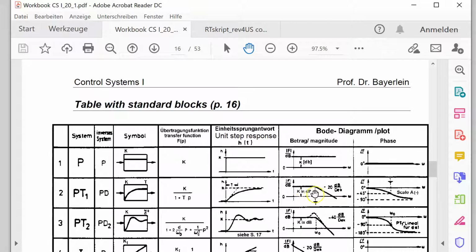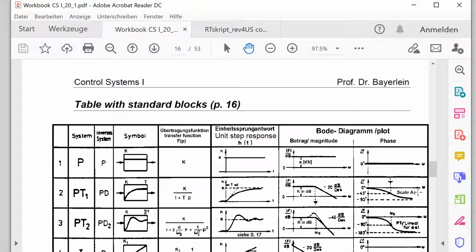If I have a series connection of these blocks, then there is a horizontal part for very low frequencies, and the K is then defined for the total K. In our case, the K is 2. That means 6 dB. And the phase is summed up for all 4 PT1. So finally, we have a phase shift of 4 times minus 90, which is minus 360.